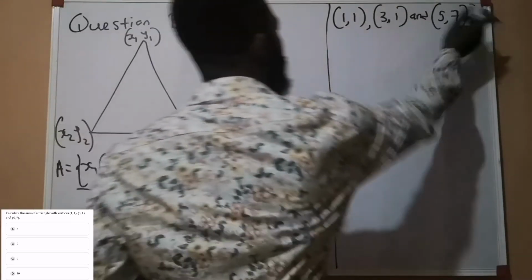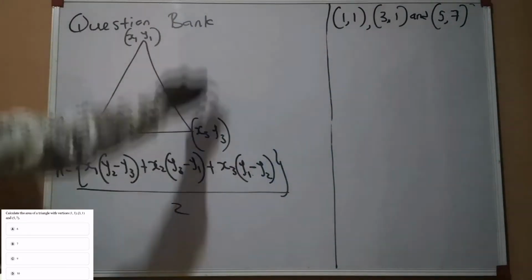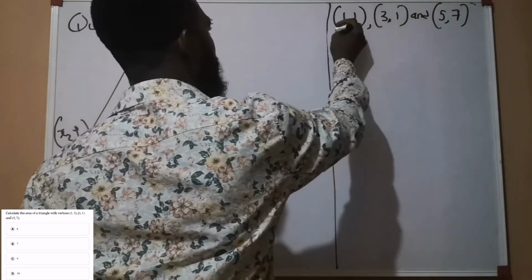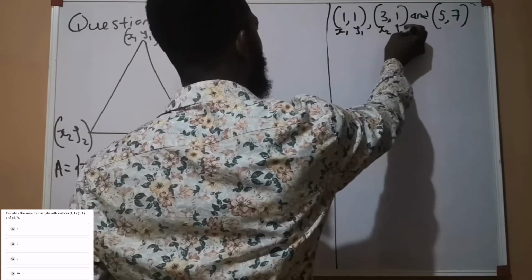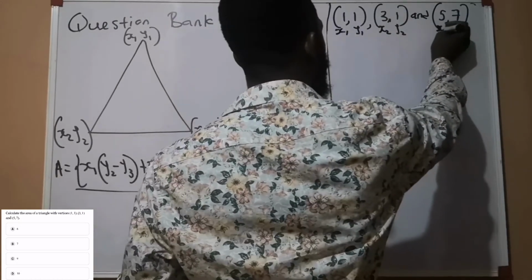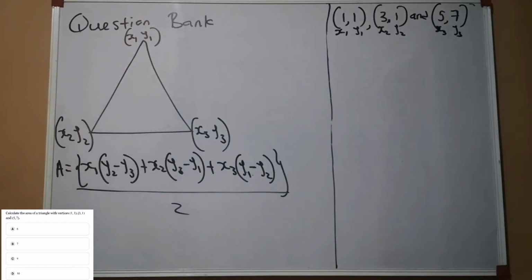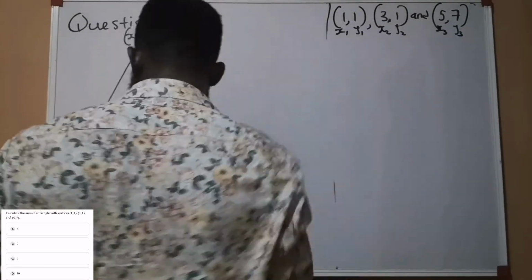If you take a look at this, these vertices represent this in the diagram. The first thing we're going to do is to label it. Here becomes x1, y1, x2, y2, x3, and y3. So what do we do next? Let us substitute these values into the formula.